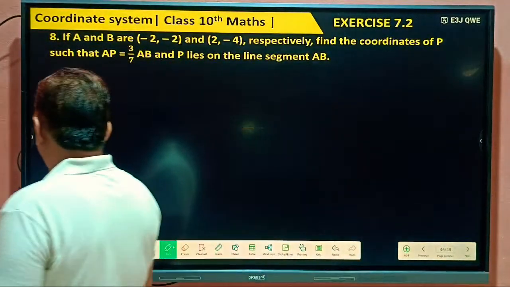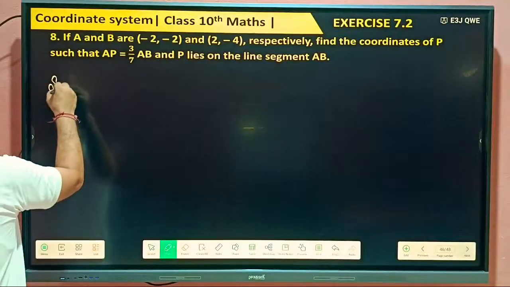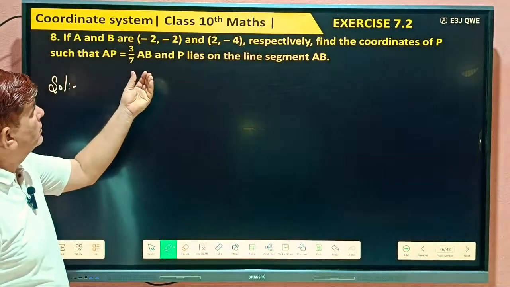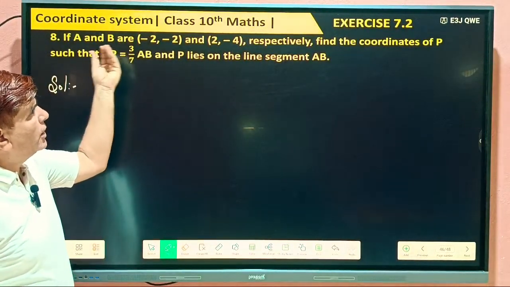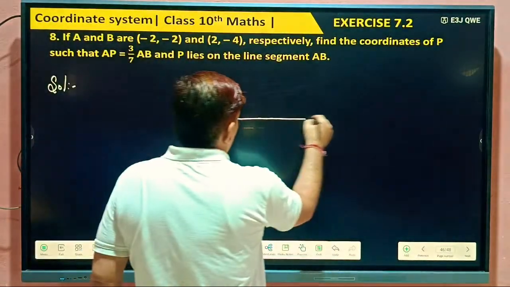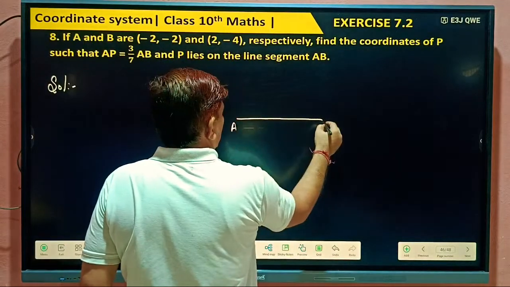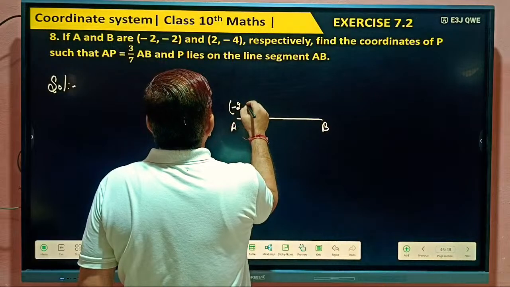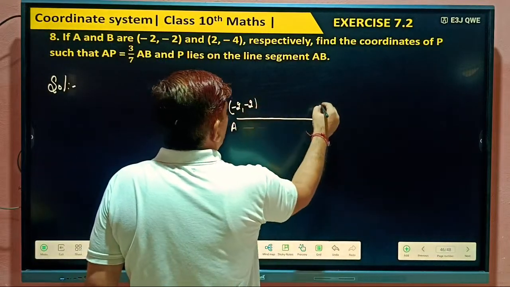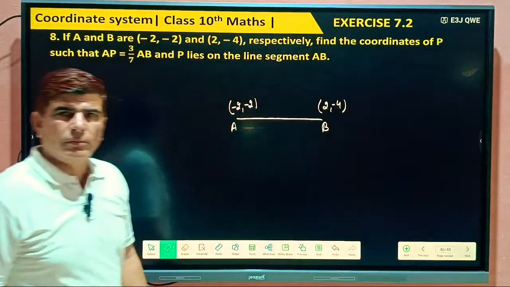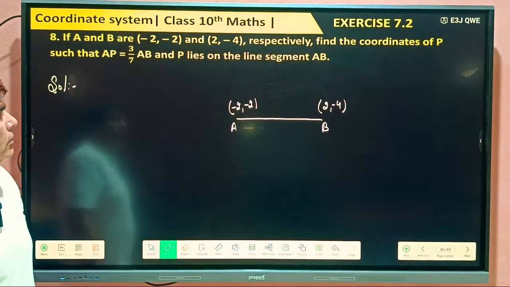So question number 8, solution. If A and B are points whose coordinates are these respectively, A is (minus 2, minus 2) and B is (2, minus 4). Got it?